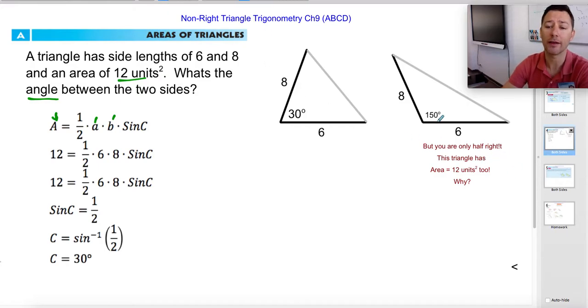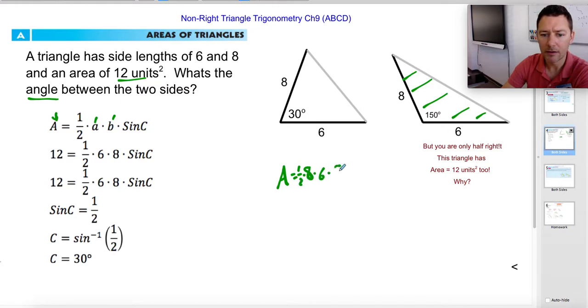There's another triangle in here whose sine is a half, right? And also this triangle has an area of 12 units too, right? You could try it out, right? The area is one half AB sine of 150.